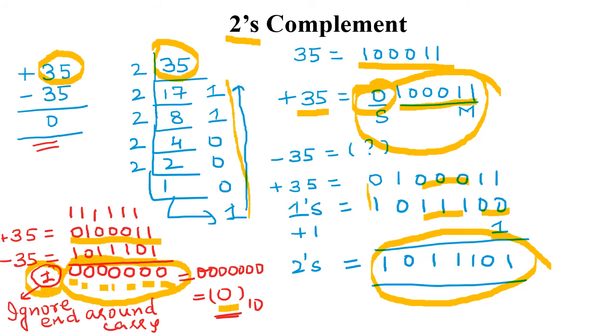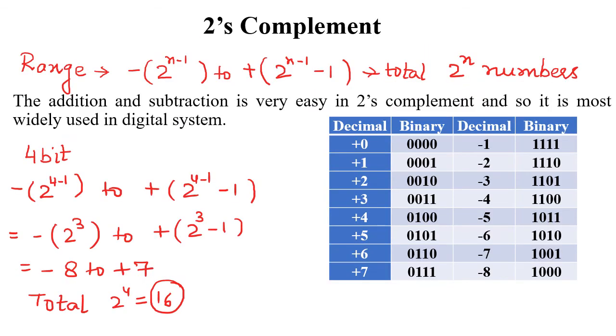That means in 2's complement, the addition and subtraction is very easy, and so it is most widely used in the digital system. Now, this table shows 4-bit numbers in 2's complement form and the decimal equivalent value. For plus numbers, there is no change.